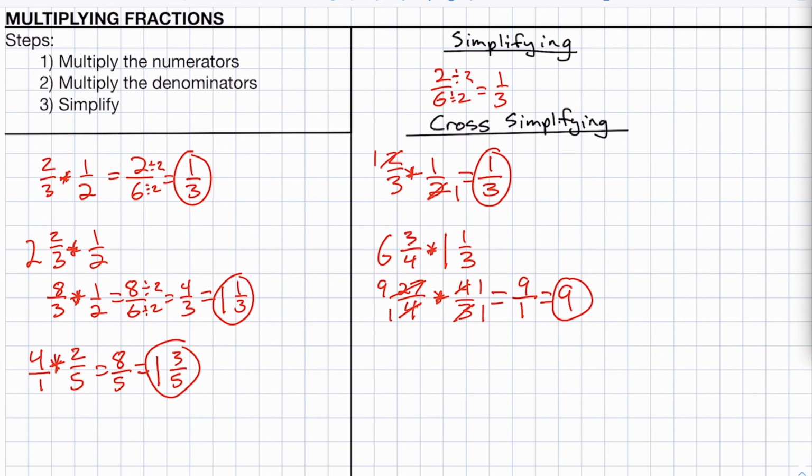Let's say I had something like 24/25 times, let's say 2 3/16. Okay, so now we're looking at much larger numbers. We have to turn those into improper fractions.